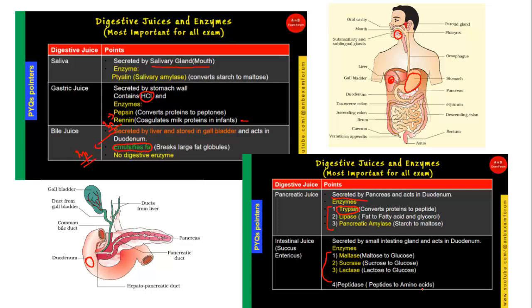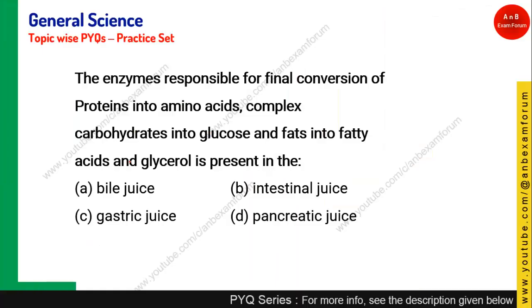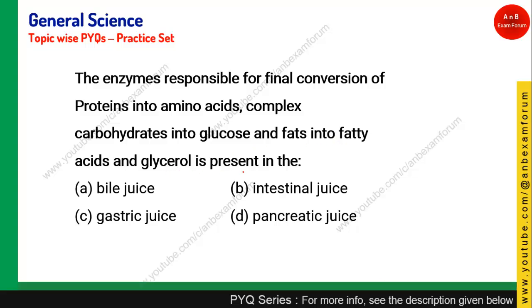So let's see the next question. The enzyme responsible for final conversion of protein into amino acid, complex carbohydrate into glucose, and fat into fatty acid and glycerol is present in what? A very important question. I am marking it as very important. He is saying final conversion.